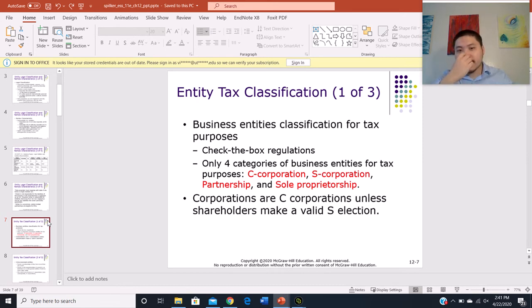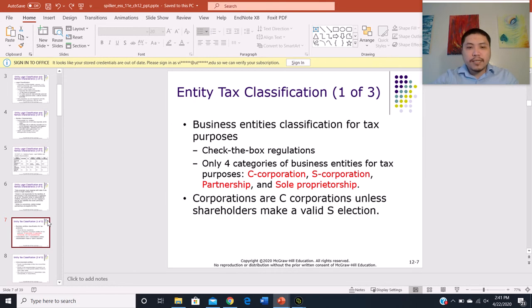And it's not easy to be treated as an S corporation; the corporation has to meet some requirements. But overall, if the business is registered as a corporation with the state, then by default it's going to be treated as a C corporation.